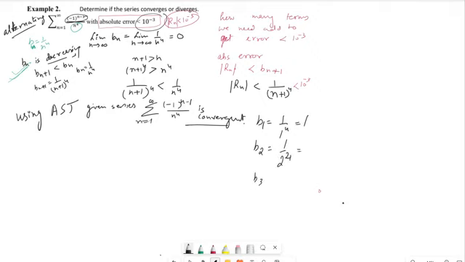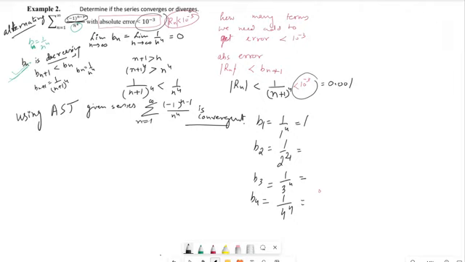I'm going to keep on doing it until I get some term which is less than 10 to the power negative 3. What is 10 to the power negative 3? It's 0.001, right? 3 decimal places to the left. 1 by 1000 is 0.001.